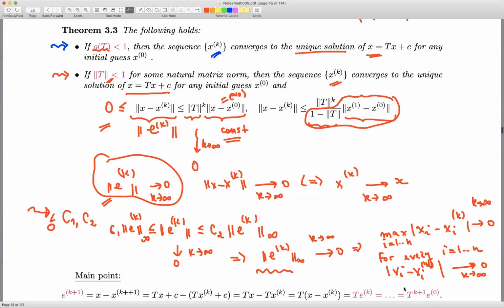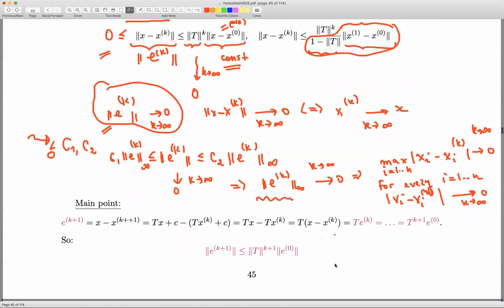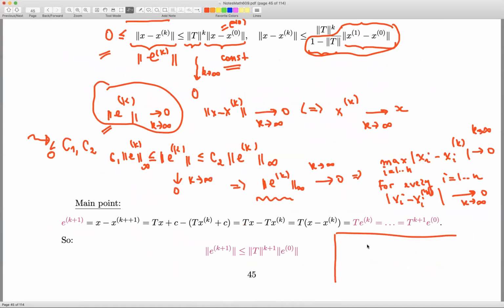And what would that mean? That would mean that xik will converge to xi when k goes to infinity, and this is for i from 1 to n.